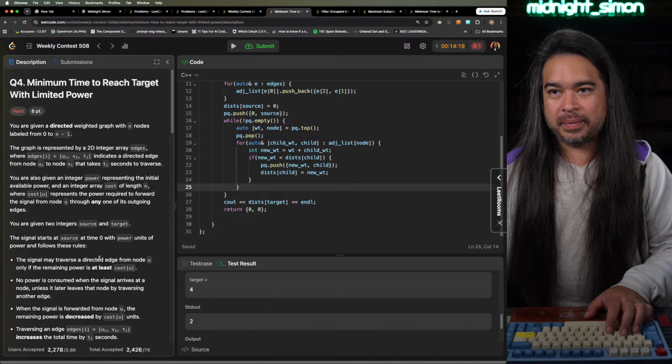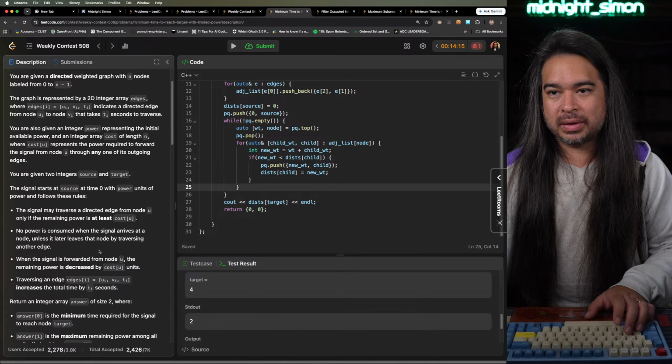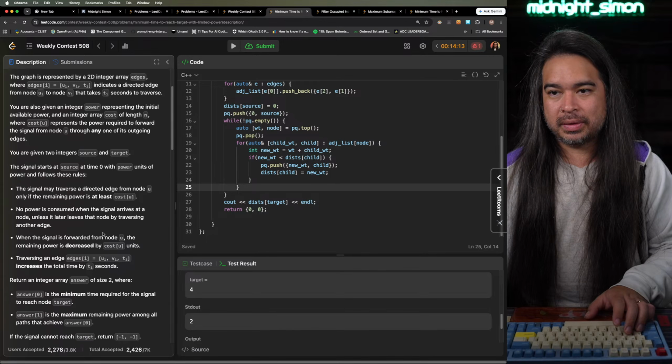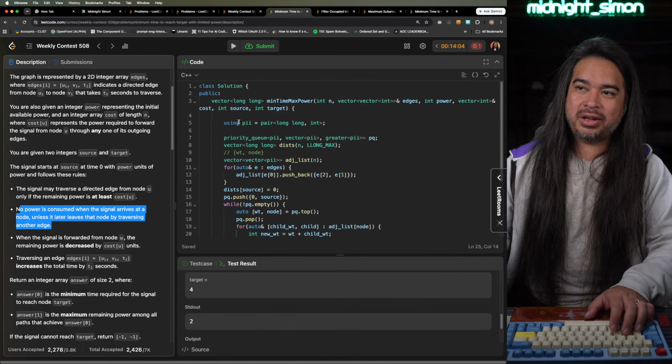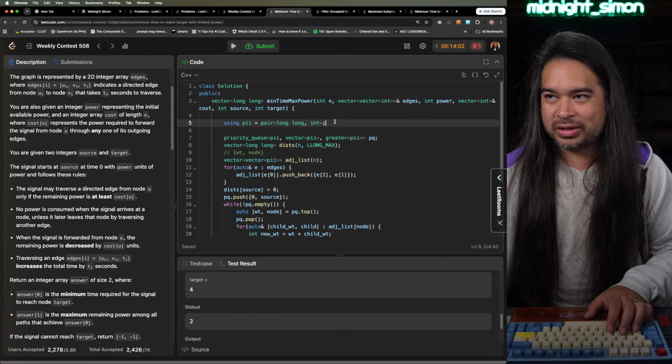Oh, wait, maybe I should reread the problem, man, because I forgot to do the power thing. Maybe I need a more complicated data structure besides this pair long int.